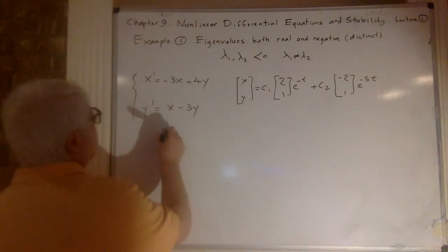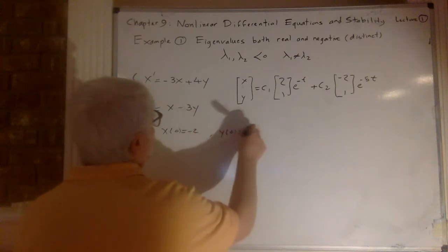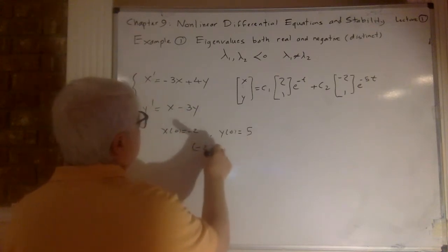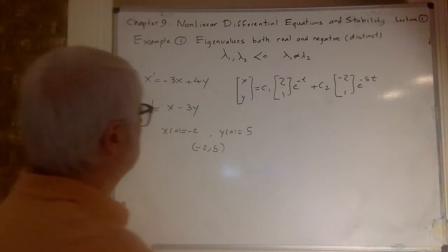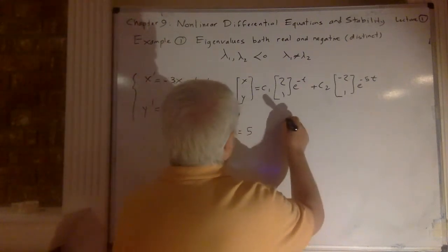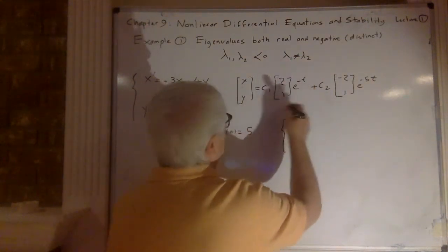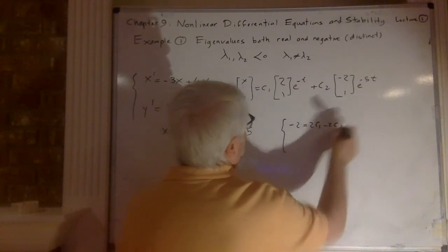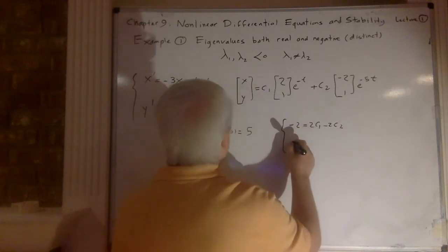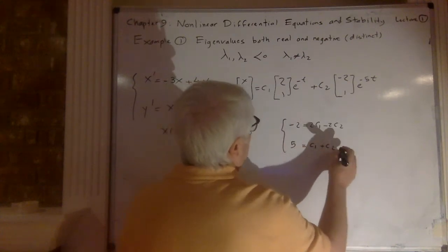So let's say x at 0 is minus 2 and y at 0 is 5. So it starts at this point in the phase plane. Using this at t equals 0, minus 2 is 2c1 minus 2c2, and 5 equals c1 plus c2, right?